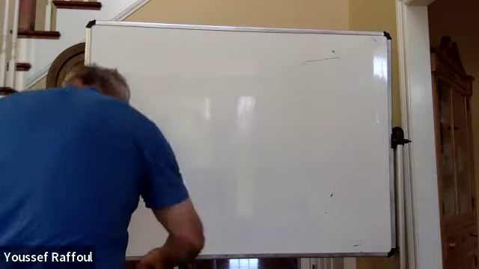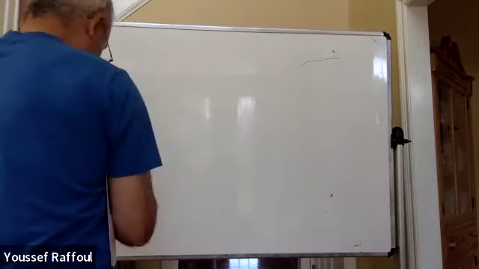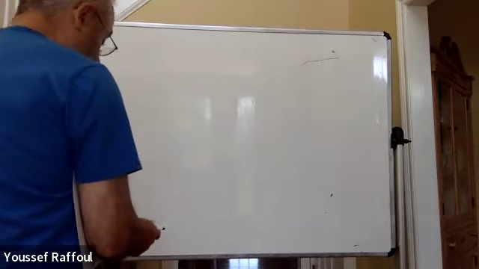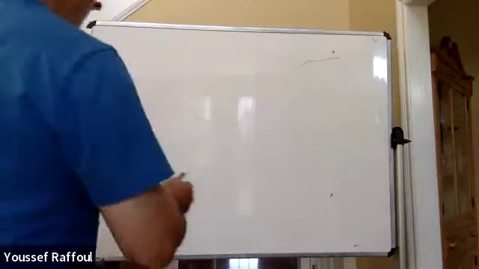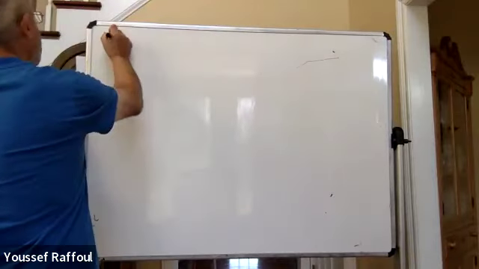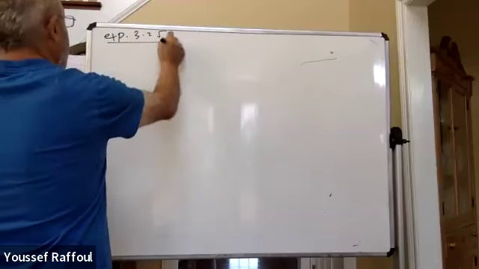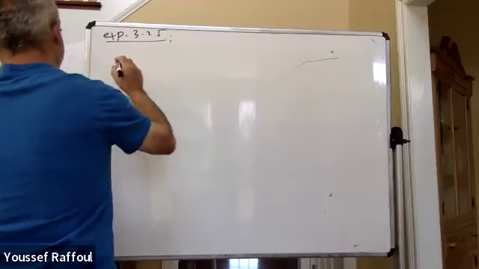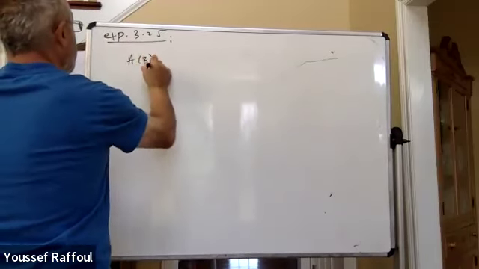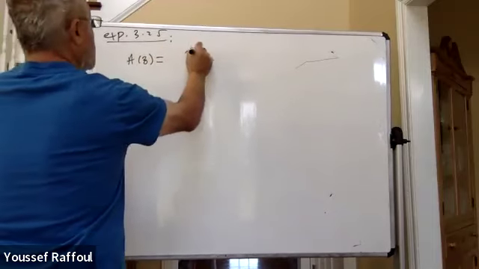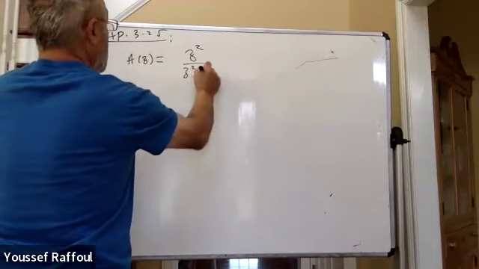All right. Let's say, I don't know how many people I have here. Let's say this is example 3.25. So we have A(Z) equal to Z squared over Z squared plus 1.